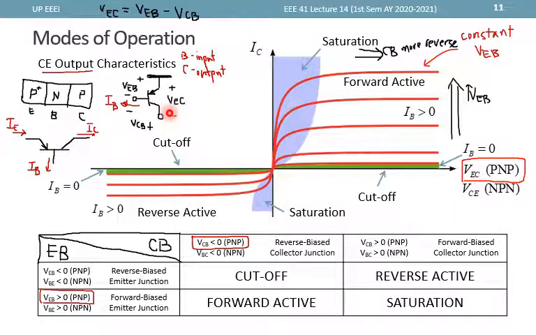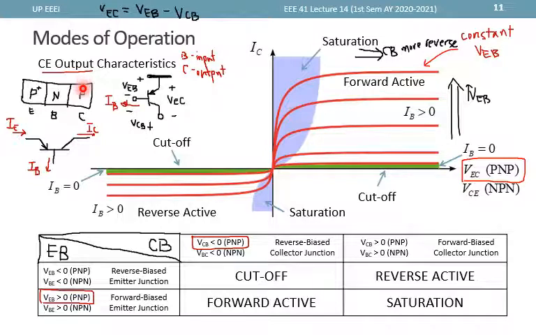Now, the other regions are, for example, the reverse active region. It is the case when the roles of the collector and the emitter are interchanged.